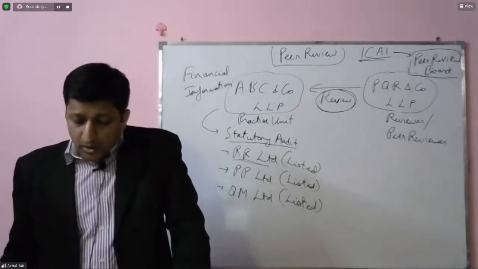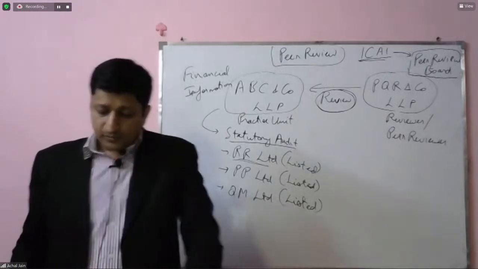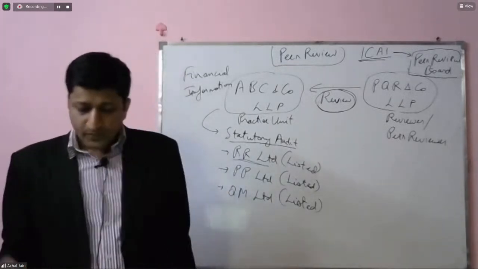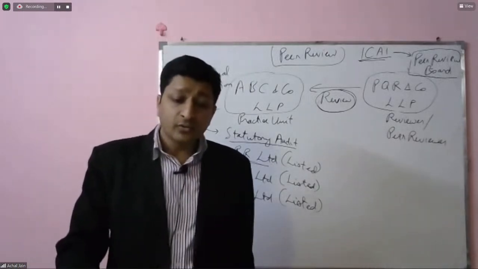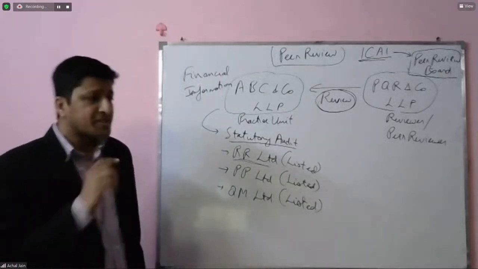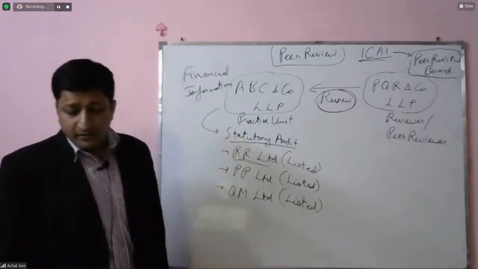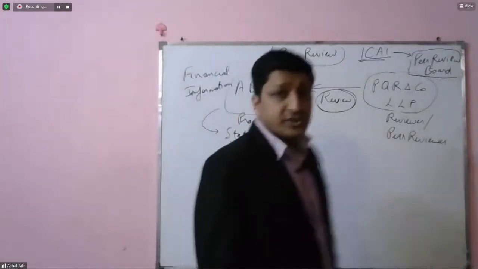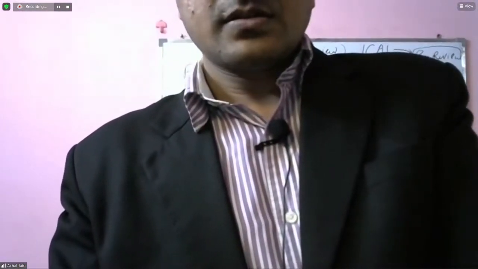So we'll now move on to the scope of the peer review. Let's understand the scope of the peer review. So what would this peer review cover? First, peer review will cover compliance with technical, professional, and ethical standards. You can all refer to this over here.